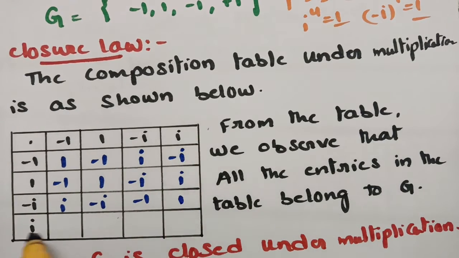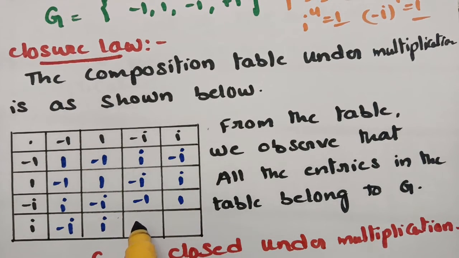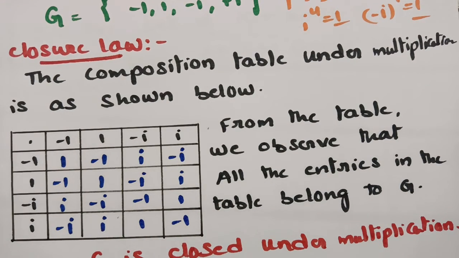Minus I into minus I is I square, which is minus 1. So these are all the entries.